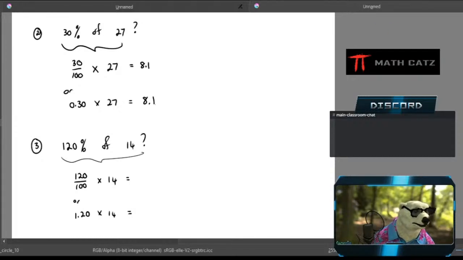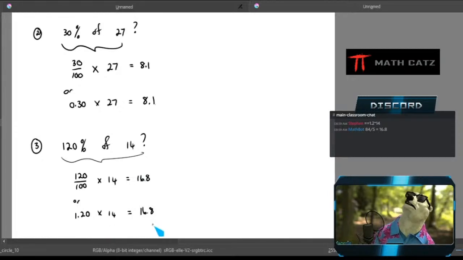Let us see. My equal signs equal 1.2 times 14. 16.8. So definitely, in terms of calculator button presses, the decimal one is a little faster.